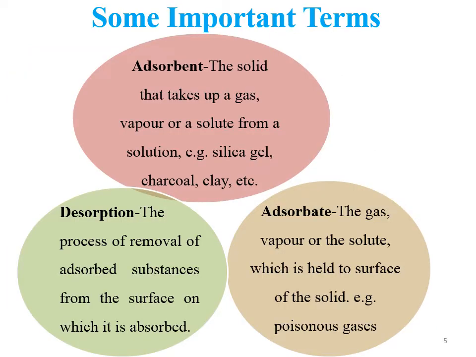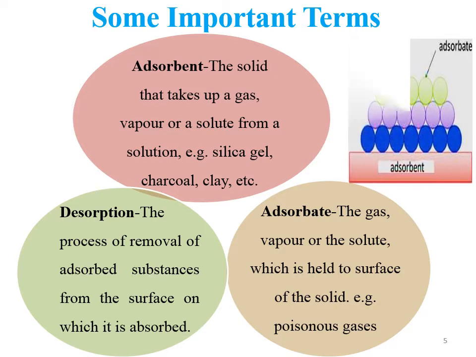Here are some important terms which are used in adsorption. First of all, adsorbent. The solid that takes up a gas, vapor or a solute from a solution is known as an adsorbent.